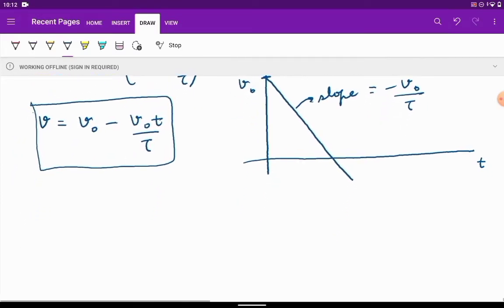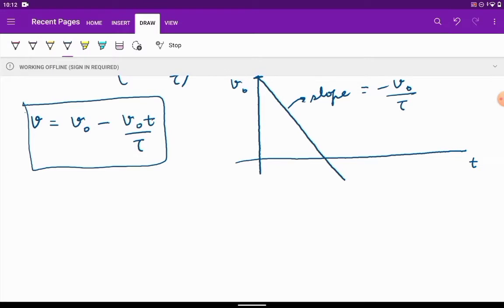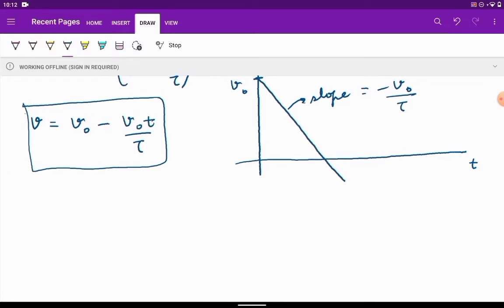Now we already know that your x coordinate is basically the displacement from t equal to 0. So x is equal to integral v dt from t equal to 0 to t equal to t, right?